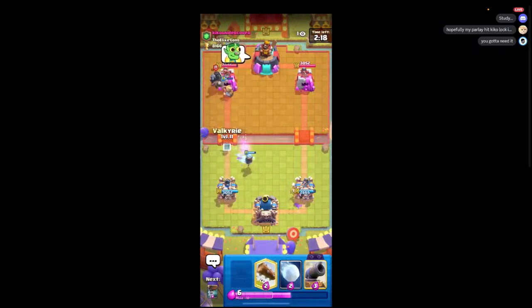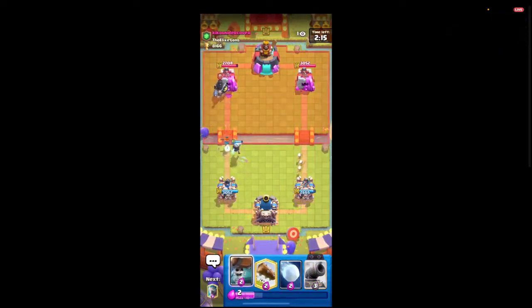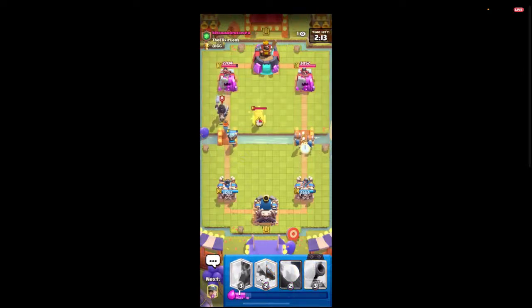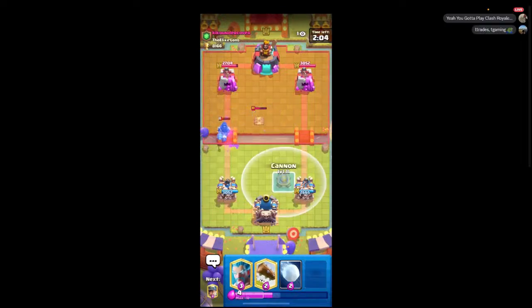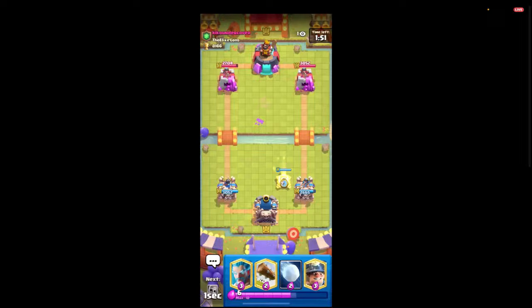All right, bro. This is interesting. This is that rocket deck, bro. You're not slick. This is actually probably not good for me. Try to miner that.